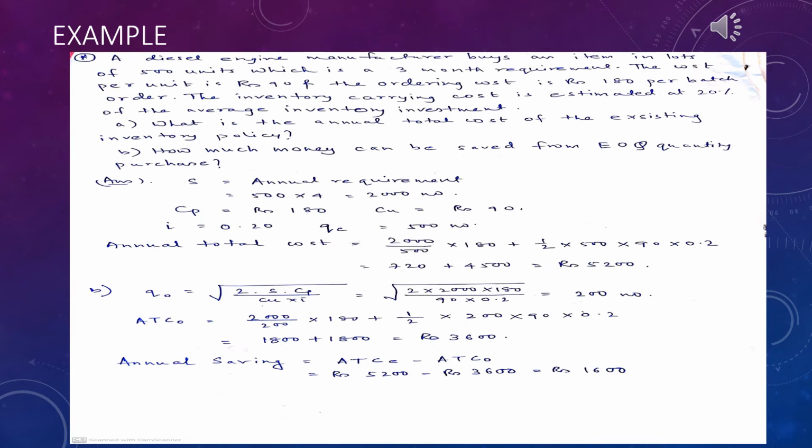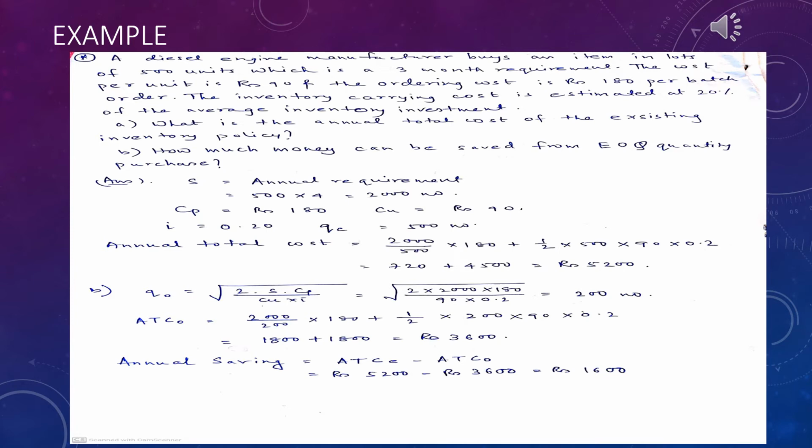Now the annual total cost before calculating EOQ: I am ordering 500 per batch, so 2000 by 500 into the cost of procurement gives the total cost of procurement, that is 4 into 180.